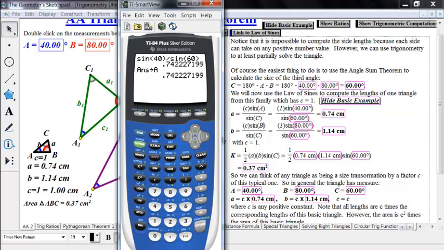And let's do side b. Okay, in a similar way, it's sine of B over sine of C. So I can just pull up my previous answer back here, a couple back, and change the one on the top to angle B, which is 80, and C is 60.